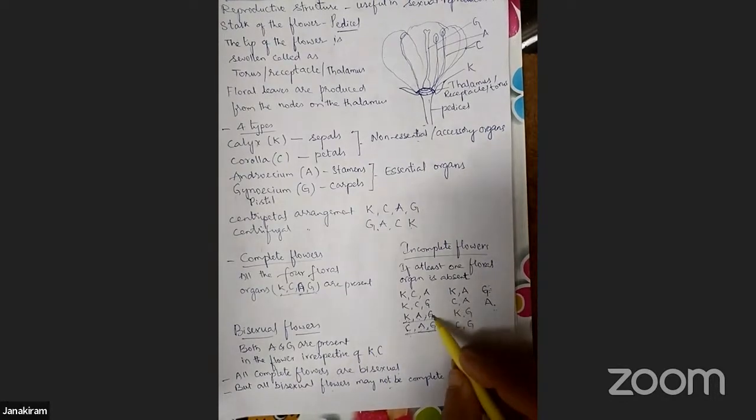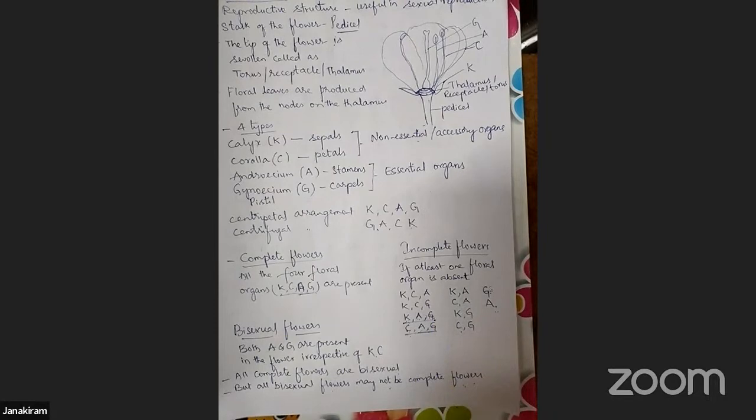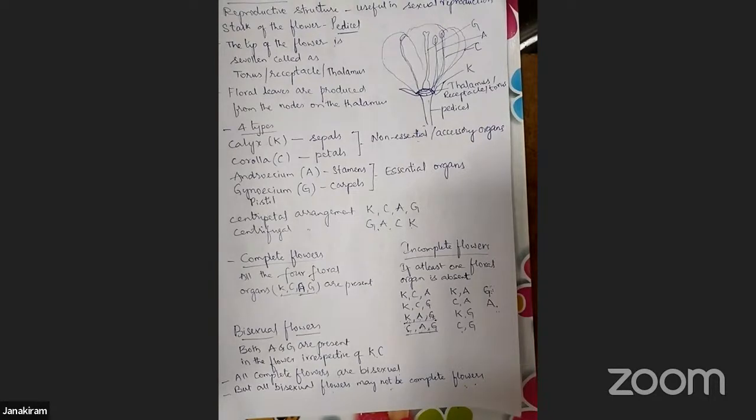So bisexual may be there, but complete nature may not be present. Sometimes they may ask this type of combinations and statements in the NEET examination, and don't get confused by those statements. Okay, and one more statement: all incomplete flowers may or may not be bisexual.